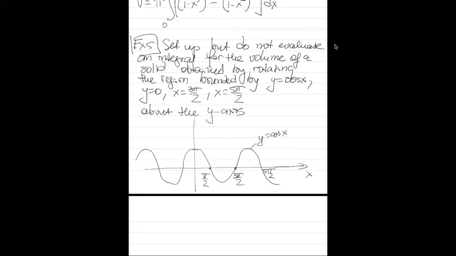And this region is bounded between y equals 0, which is the x-axis, and 3 pi over 2, that's the vertical line, and 5 pi over 2 and the x-axis. So the region is actually this little mount, this little hill here. If we rotate this about the y-axis, the symmetrical region would be this hump over here.